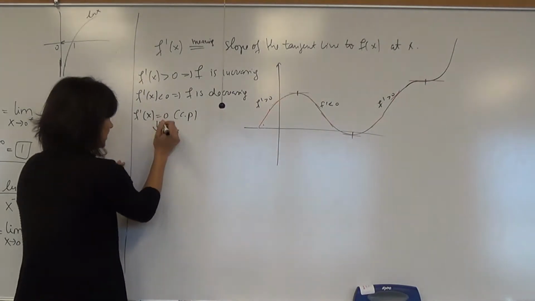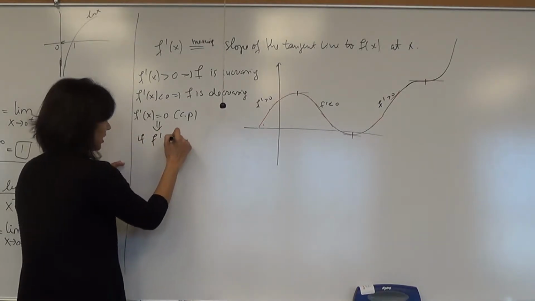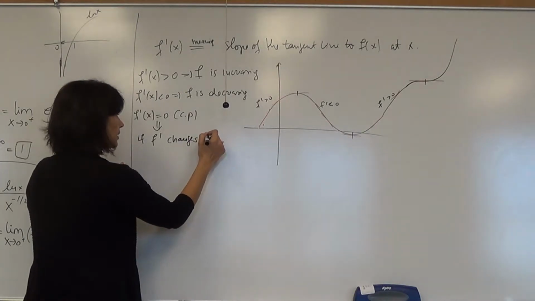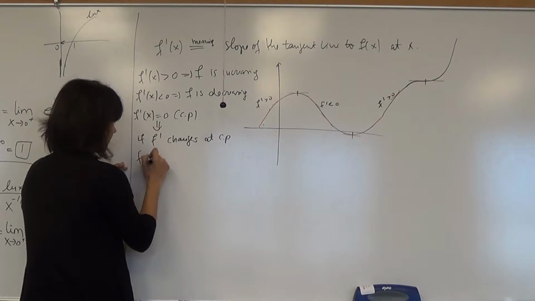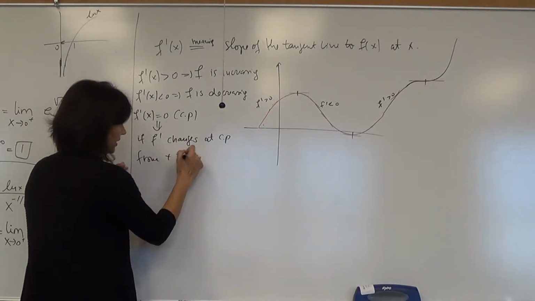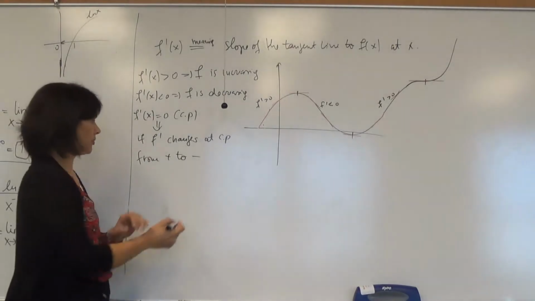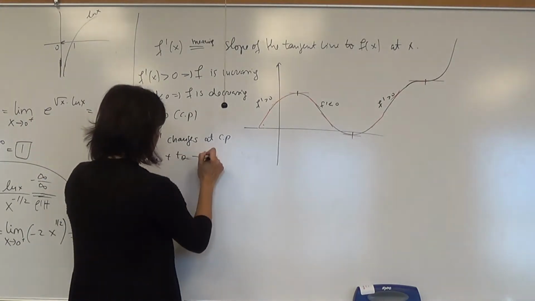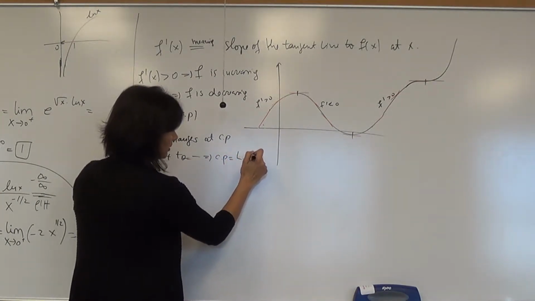So after you solve the critical point, you will see if f prime changes at that critical point from positive to negative, that means it was increasing and then decreasing, then that CP is a local maximum.